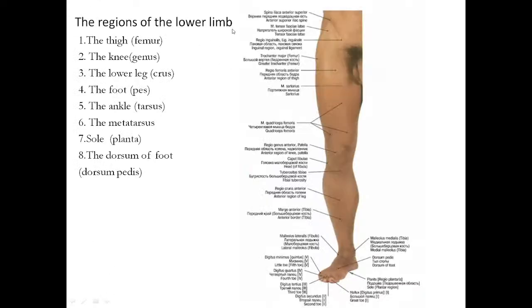Regions of the lower limb. The lower limb is divided into the following parts. The thigh, Latin femur.